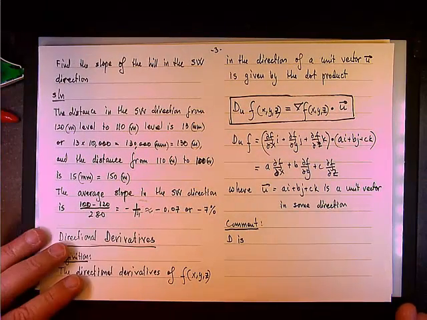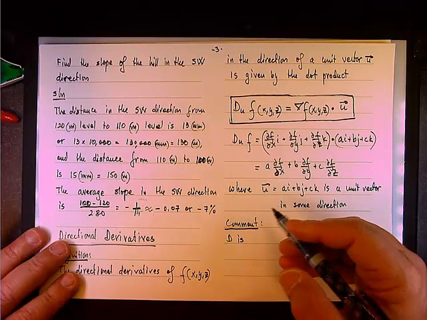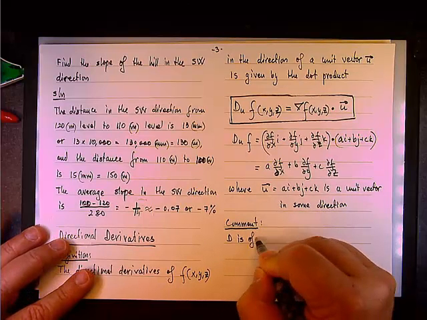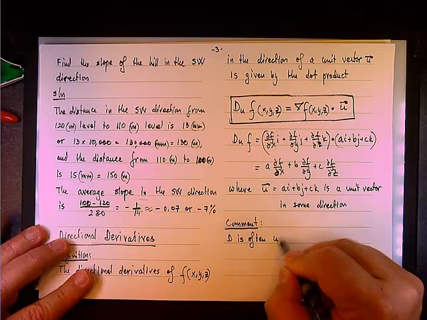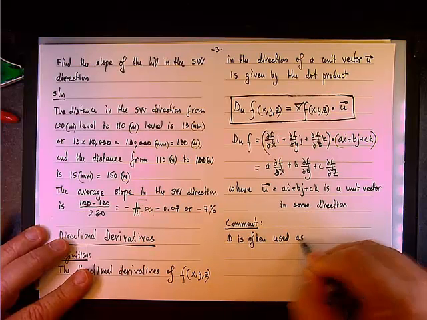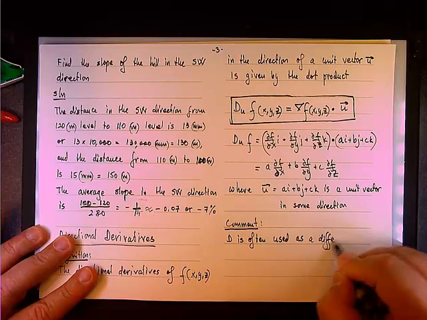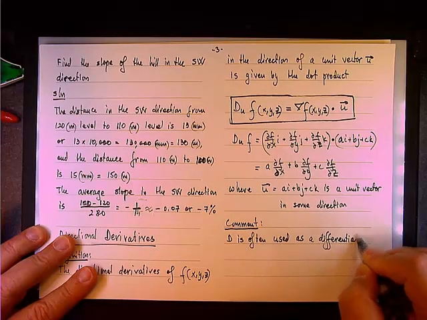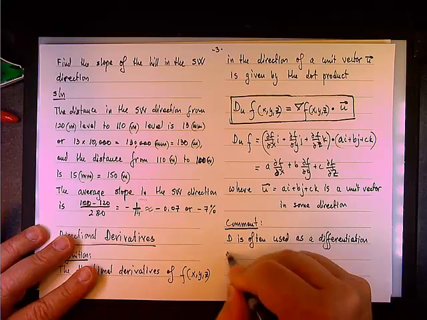We have all kinds of stuff. But when it comes to calculus, a lot of the time we use D as a differentiation operator. So let's write a comment here. D is often used as a differentiation operator.